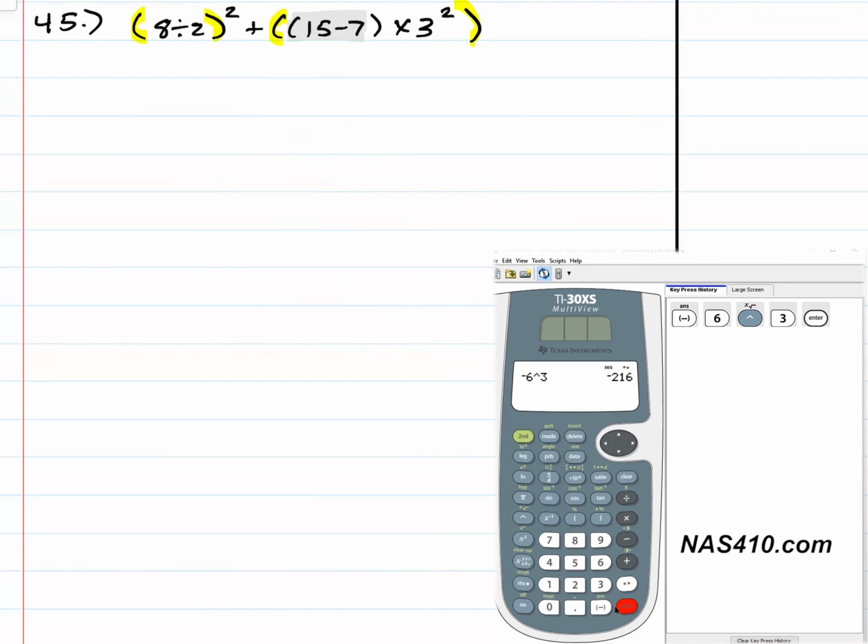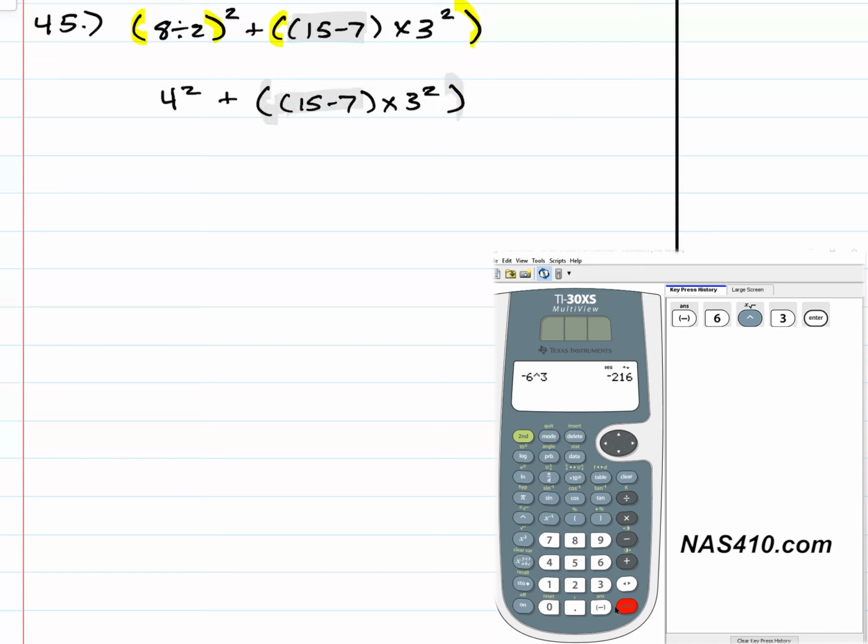Okay, so let's start breaking this down. I'm going to go ahead and do this parenthesis first. All right, and so I have 8 divided by 2, and so that equals 4. And so what I'm left with is 4 squared plus 15 minus 7 times 3 squared.